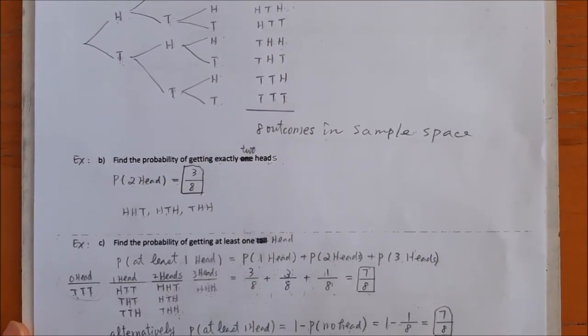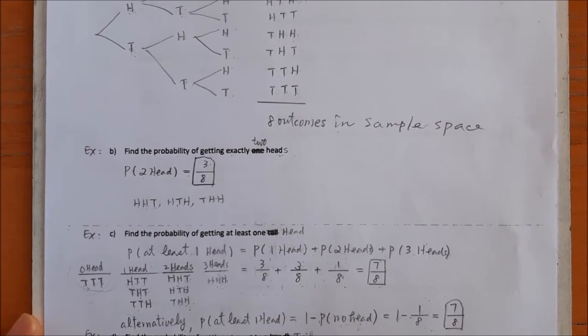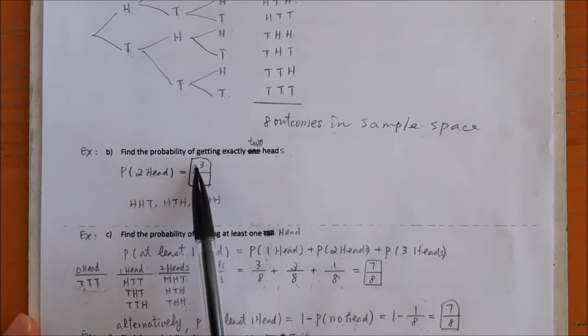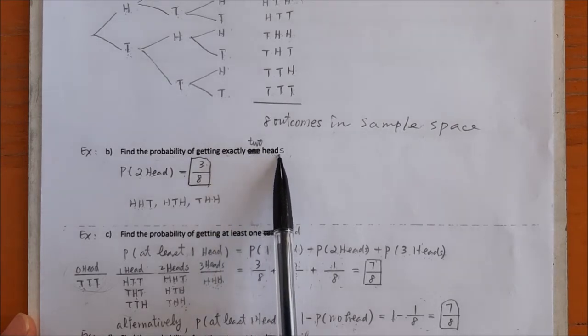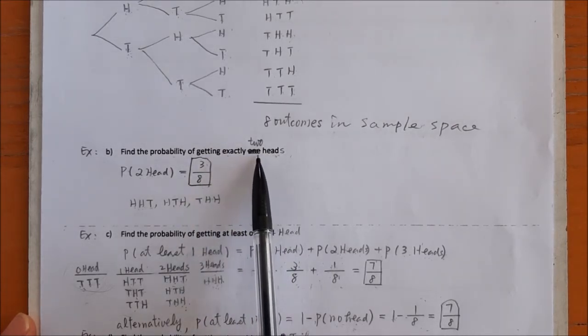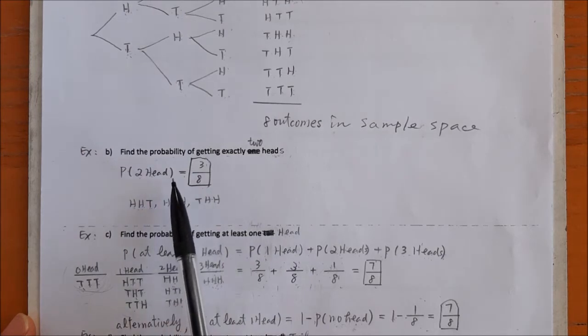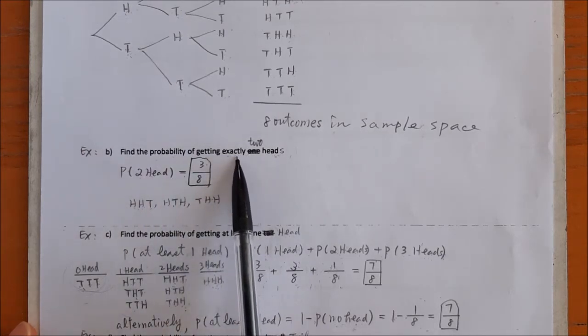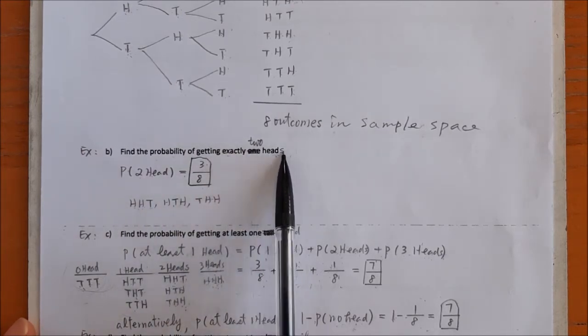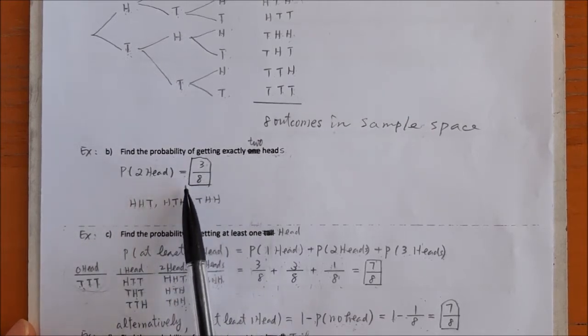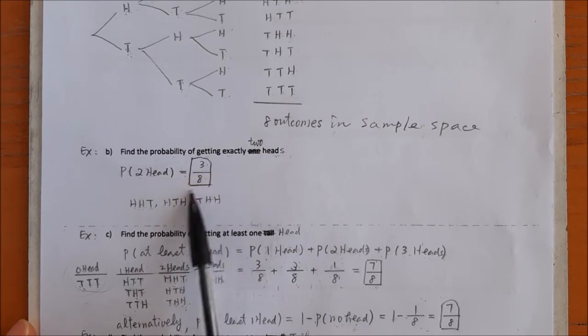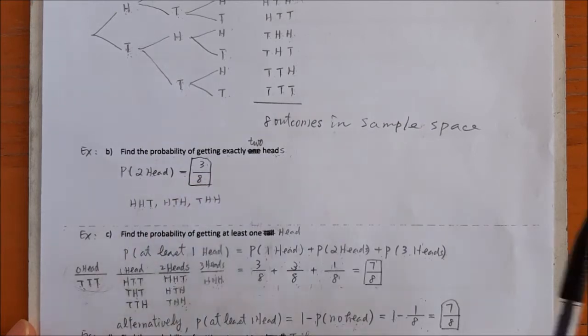B. Find the probability of getting exactly 2 heads. Your homework is exactly 1 head, but this is the example, exactly 2 heads. So probability of 2 heads equals, total 8 outcomes. How many outcomes are 2 heads?